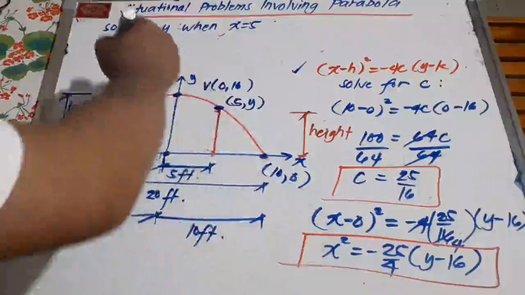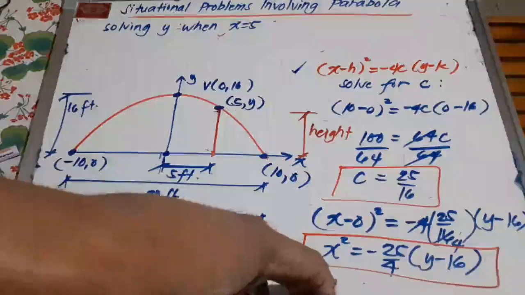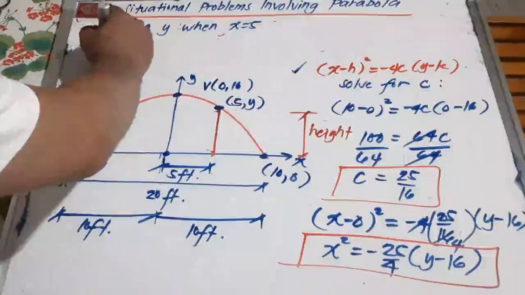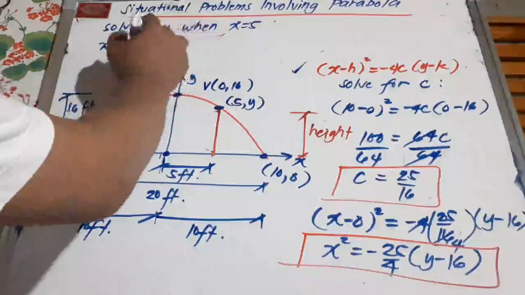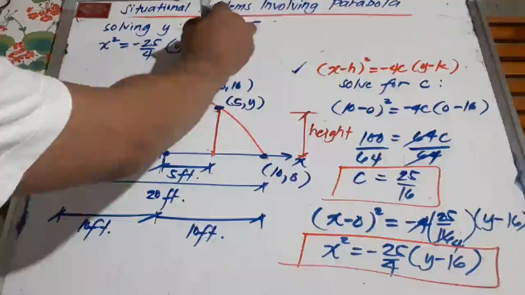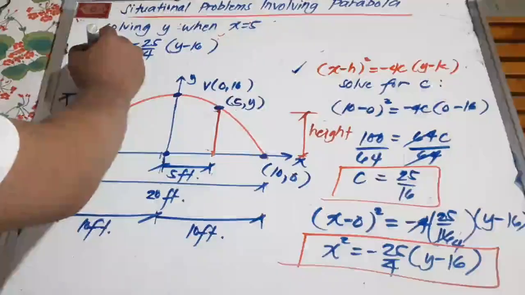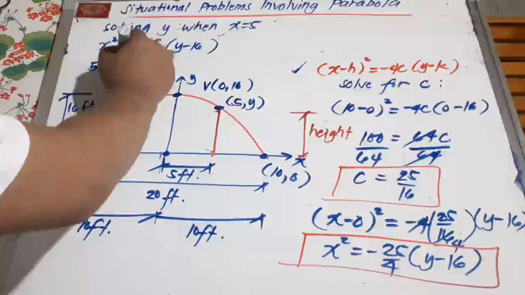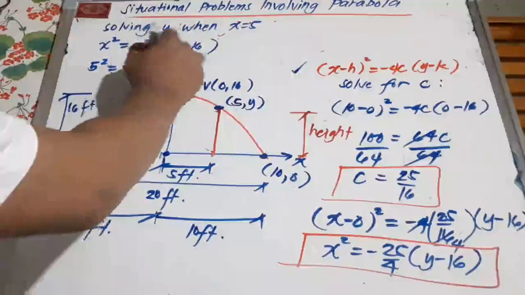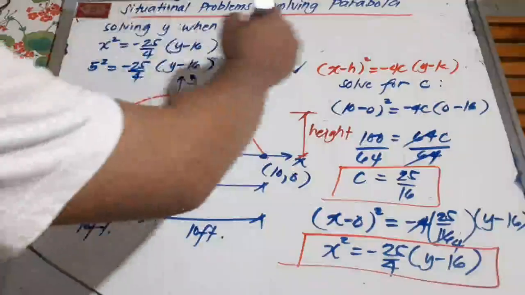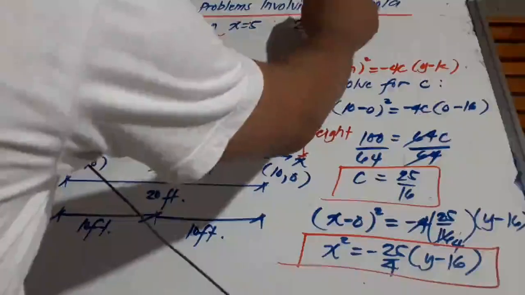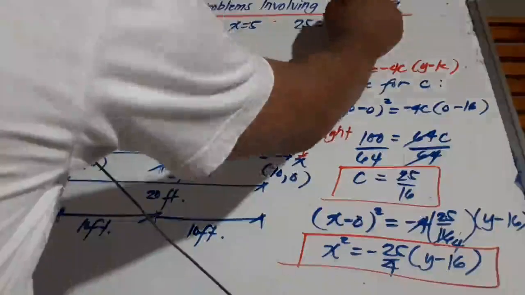So we have x squared equals negative 25 over 4 times (y minus 16). X is 5, so that will be 5 squared, which is 25, equals negative 25 over 4 times (y minus 16).